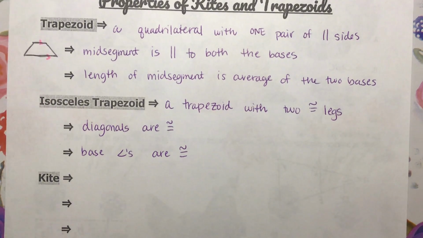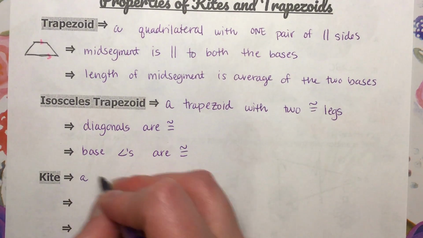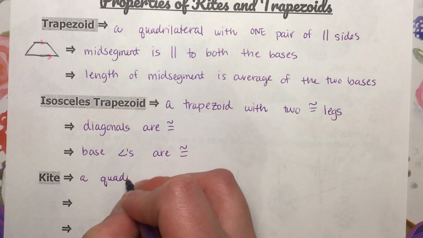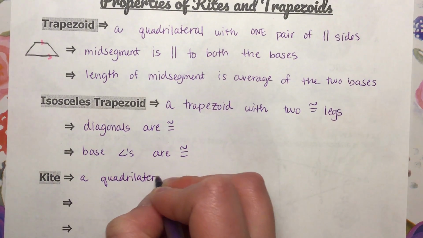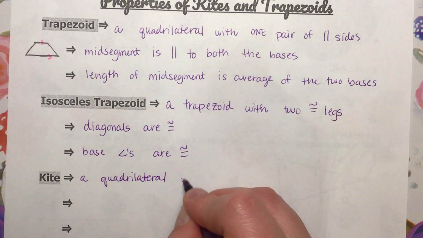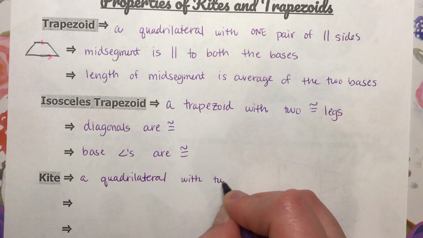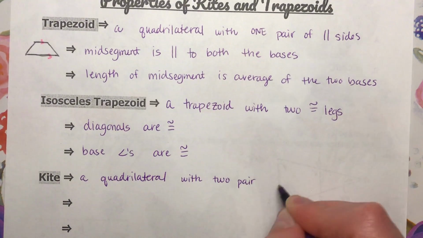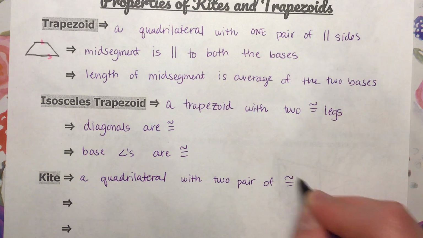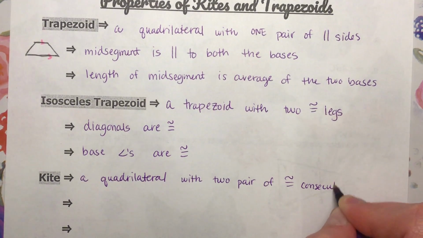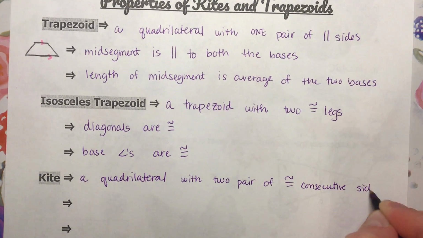We have one more type of shape that we're going to talk about in this set of notes, and that's something called a kite. Now, a kite is a quadrilateral with two pairs of consecutive sides that are congruent. So it's a quadrilateral with two pair of congruent consecutive sides.